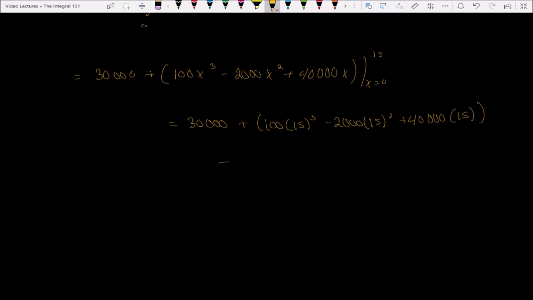I'm sorry, and then there should be a minus evaluated at 0, but this should just go to 0 anyway. Right, 100 times 0 cubed minus 2,000 times 0 squared plus 40,000 times 0. This will wind up giving us $517,500.